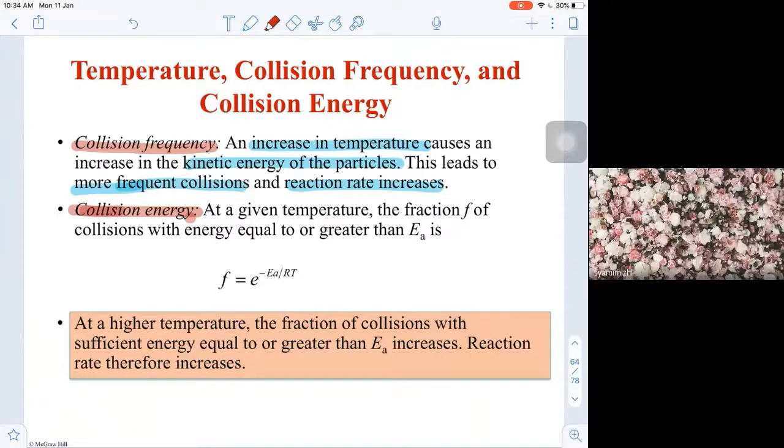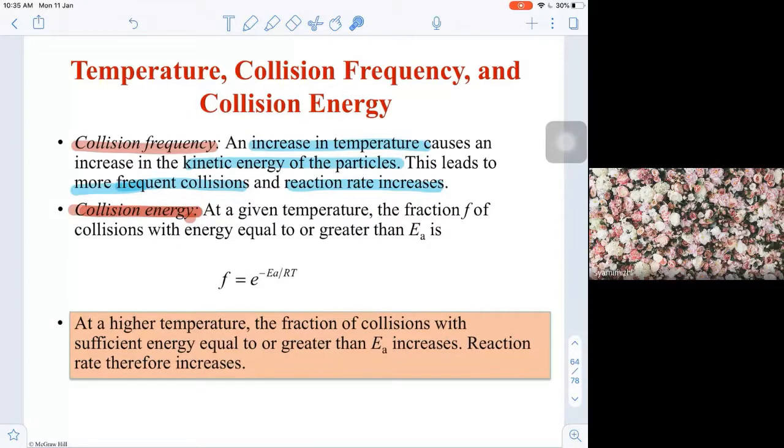So the collision energy gives a major effect to the rate of a reaction when we increase the temperature. This is because when we increase the temperature, the fraction of the collisions that achieve the activation energy, EA, will increase. So the conclusion is that at a higher temperature, the fraction of collisions with sufficient energy, equal to or greater than EA, will increase. Therefore, the rate of a reaction will increase.